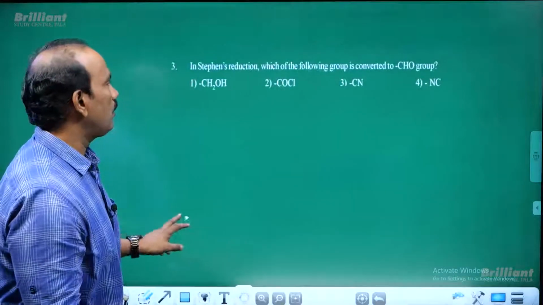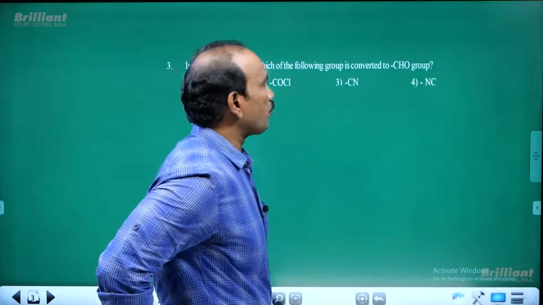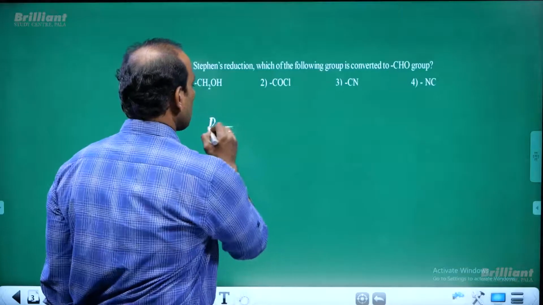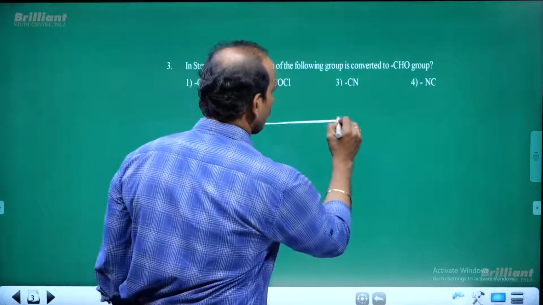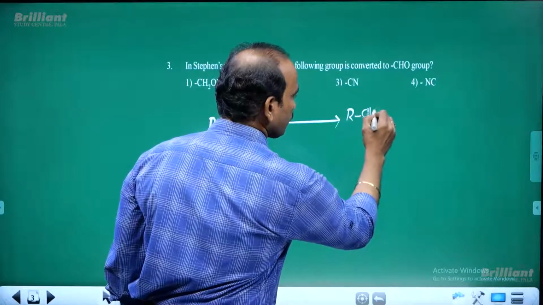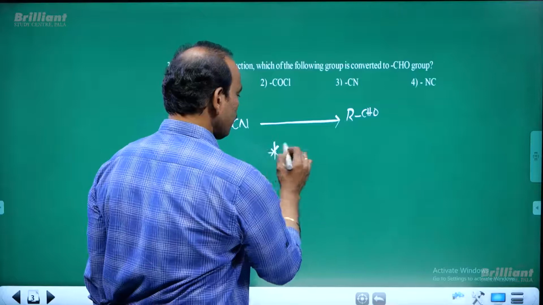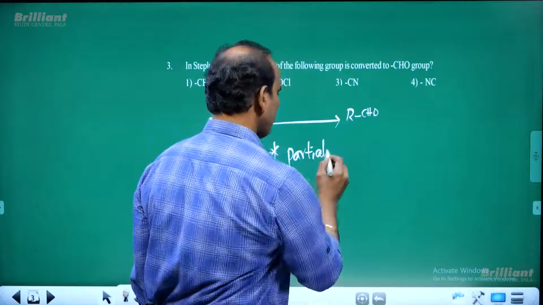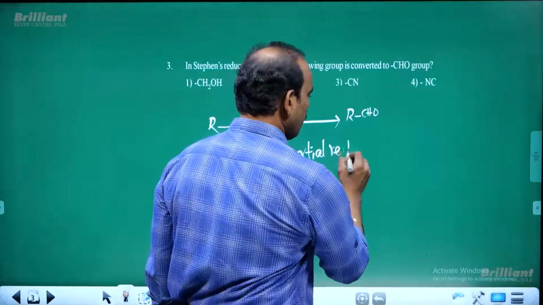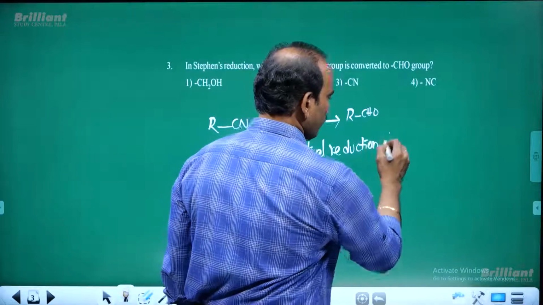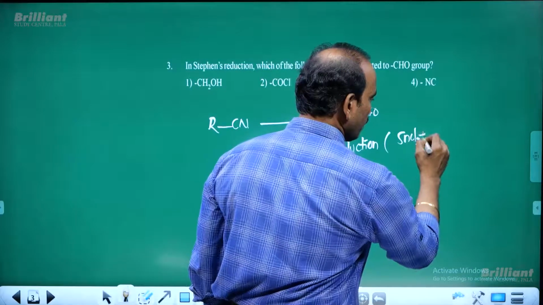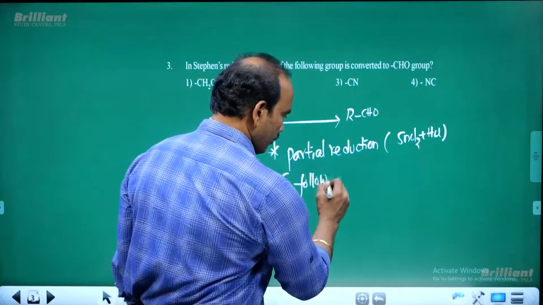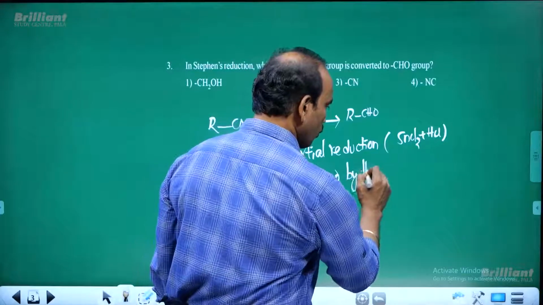Next one is Stephen's reduction. Which of the following group is converted into what? What is the Stephen reduction? Alkyl cyanides to aldehydes. Here what is the reaction? Partial reduction with stannous chloride, followed by hydrolysis.